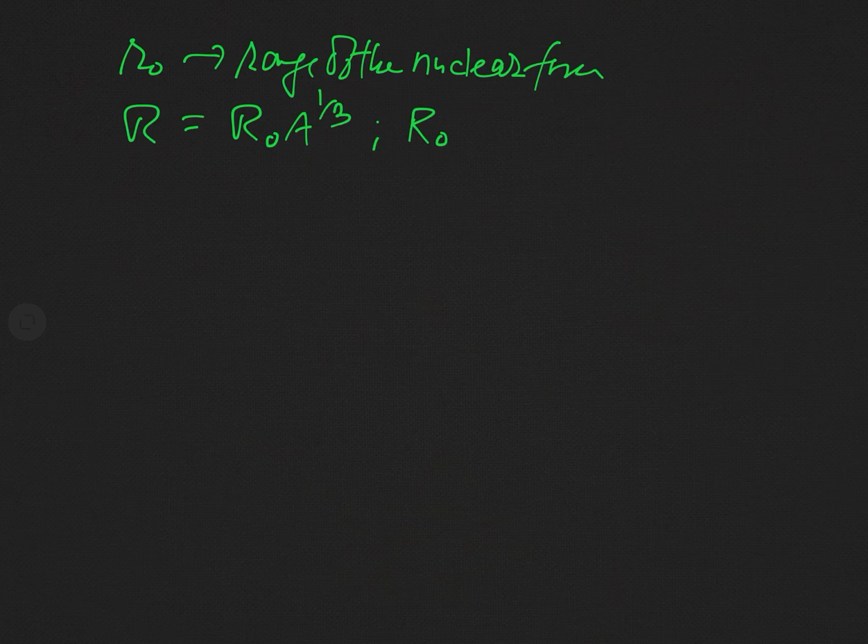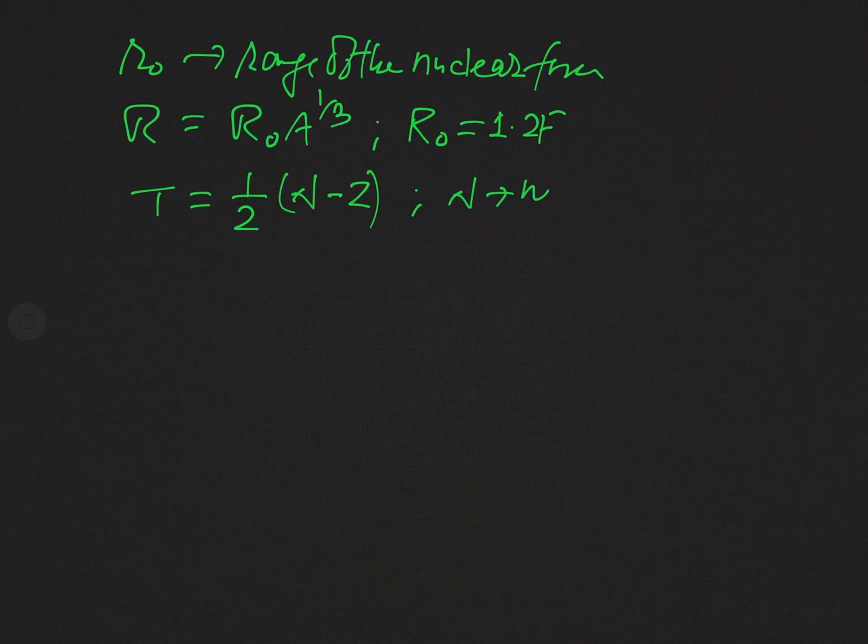And in this expression, this capital R naught is actually a constant. Its value is 1.2 Fermi or femtometer. And the term T is what? Actually, this is defined as 1 over 2 (N minus Z).